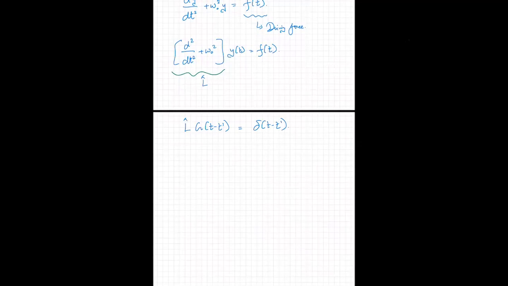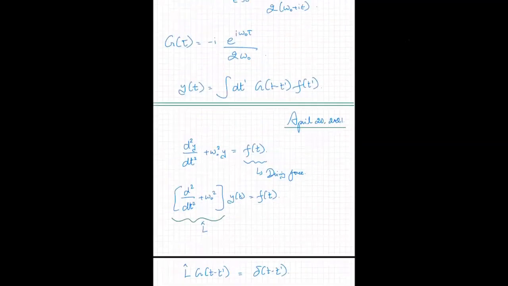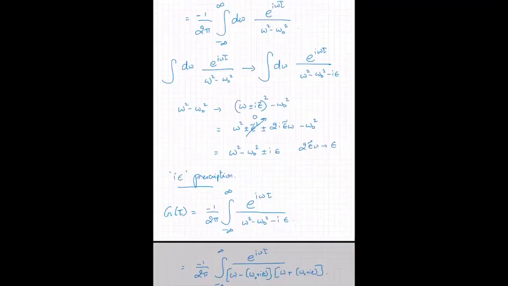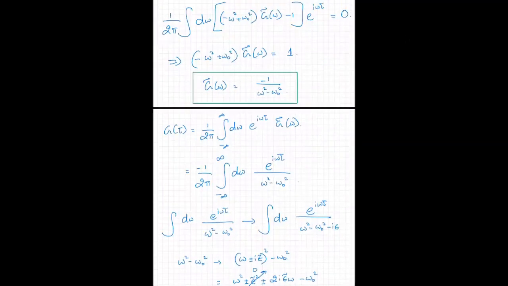Now we solve this differential equation using Fourier transform techniques. Basically we plug in the Fourier transformation of g of t minus t prime, which is over here on the top line.